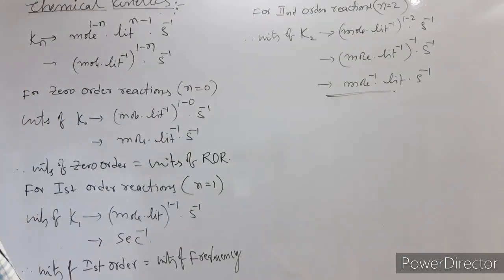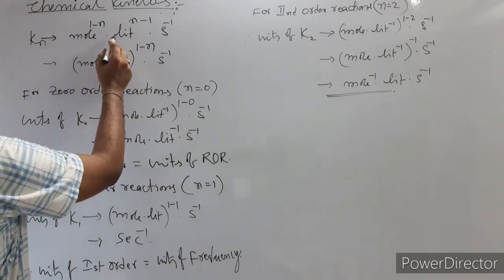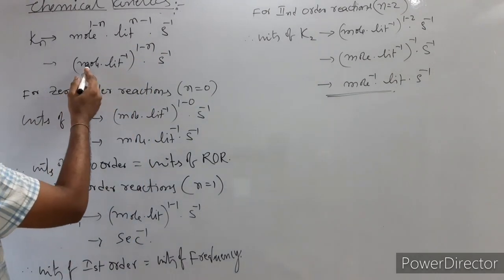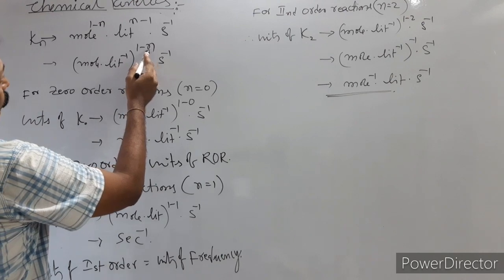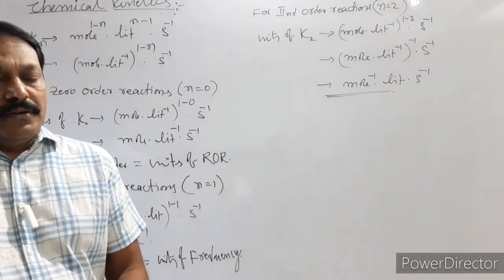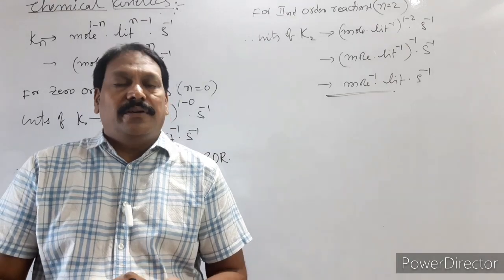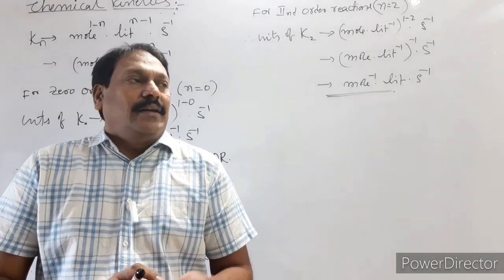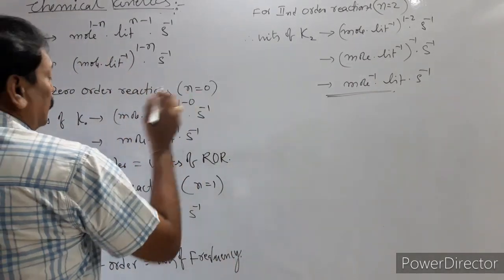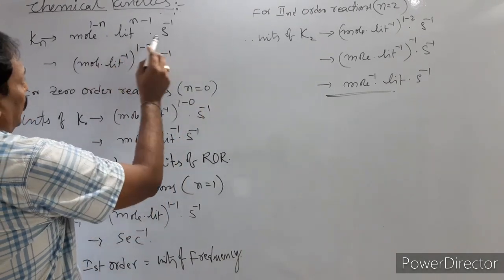Therefore, units of nth order rate constant Kn is moles power 1 minus n into liter power n minus 1 into second inverse, or moles per liter whole power 1 minus n into second inverse. Let us calculate units of rate constants for different order of reactions, one by one. For zero order reactions, n equal to 0, so we substitute n value 0 in the above equation.